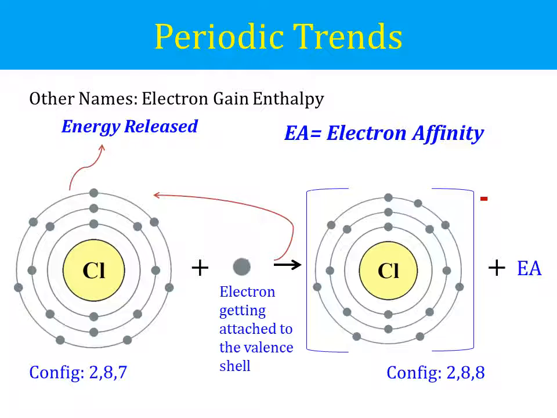Converting anything into a positive ion leads to the addition of energy, and converting anything into a negative ion leads to the liberation of energy. So can you find any similarity, or any trend or pattern, between electron affinity and ionization potential? Can you find anything?